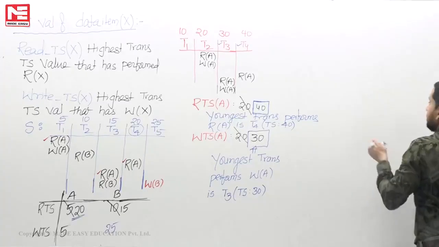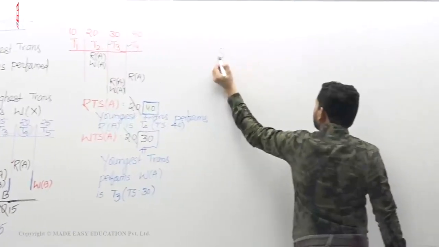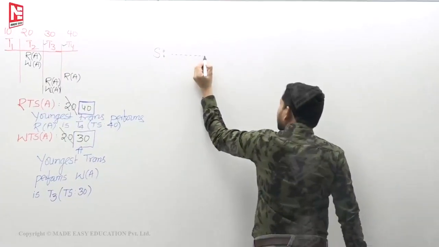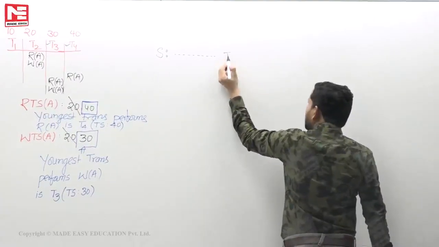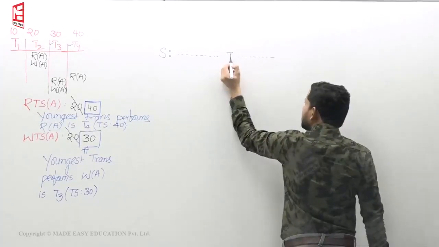Okay. So for example, assume there is some schedule. In this schedule, T is one of the transactions, and many other transactions are there.